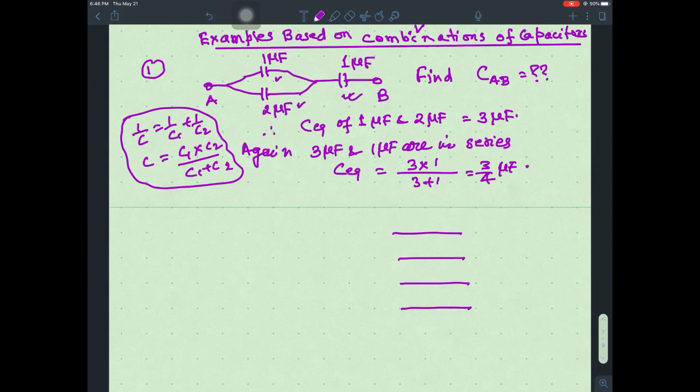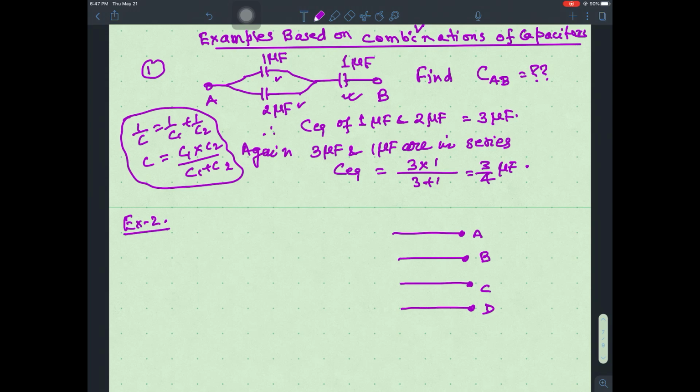Let us suppose the name of this plate is A, the name of this plate is B, the name of this plate is C, and the name of this plate is D. And this is example 2 we are taking.